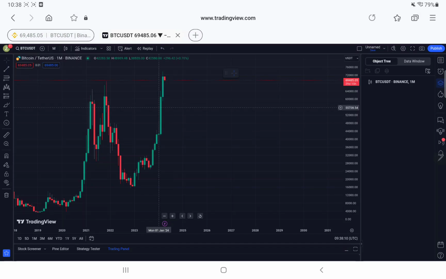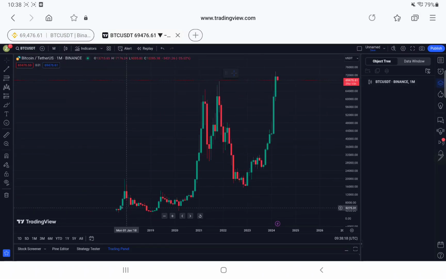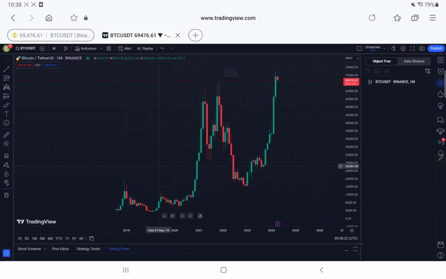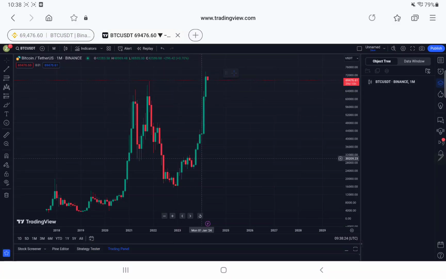Now, this is April, this has just started, the month's just started. How far back does this chart go? This goes back to 2017. From what I'm aware, I don't think we've actually had more than 7 green monthly candles, probably ever.